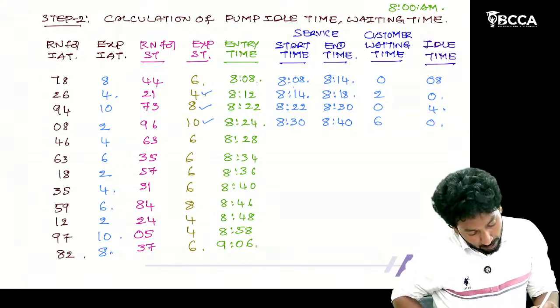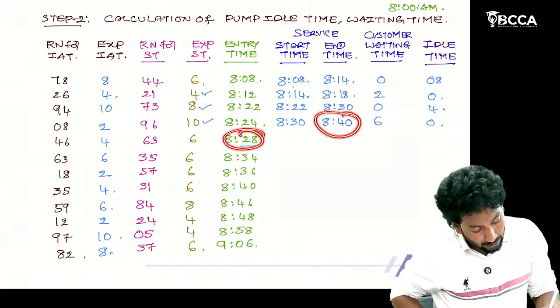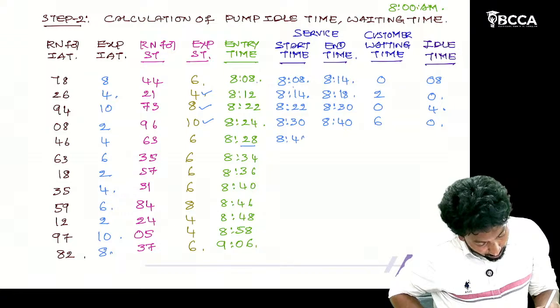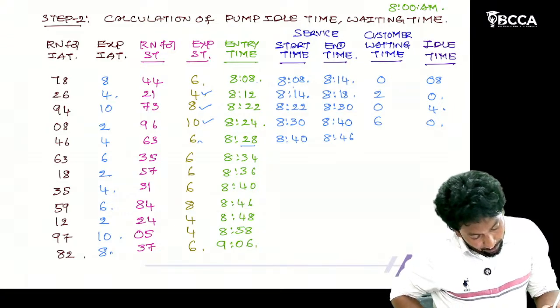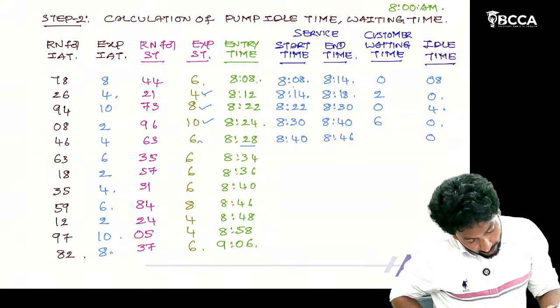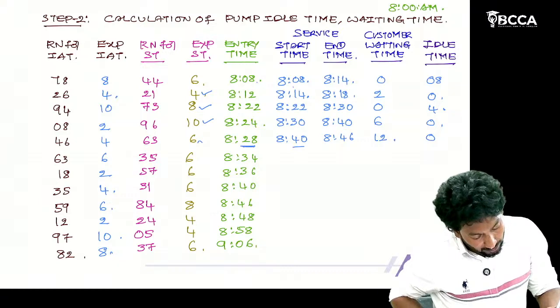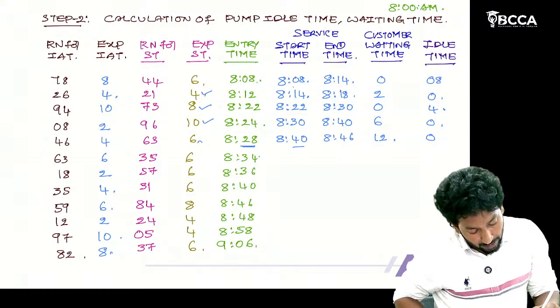For the next customer, 8:28. At that time the pump is busy with the previous customer, so service will start at 8:40. Add 6, so it ends at 8:46. So 0 idle time. Customer waiting time from 28 to 40, that means 12 minutes is the customer waiting time. Next customer entered at 8:34.